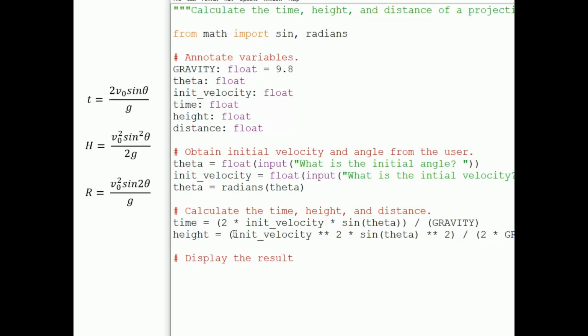Now let me pause the video and write some output statements, and then we can run the program. Okay, so here are my output statements for time and height, and let me run the program.